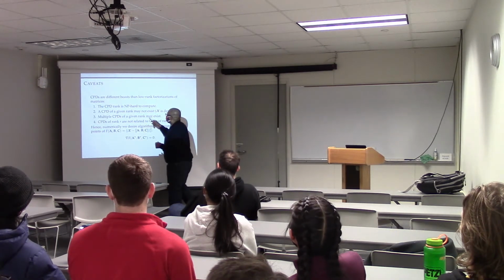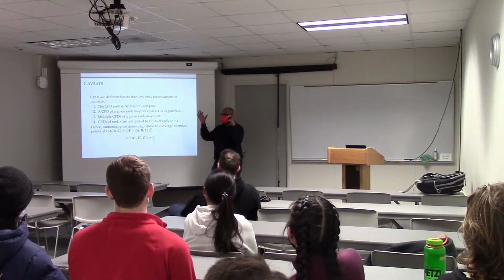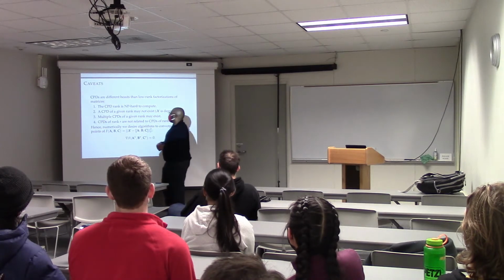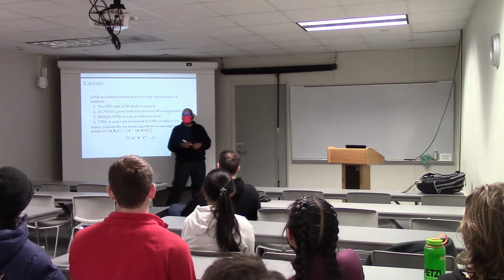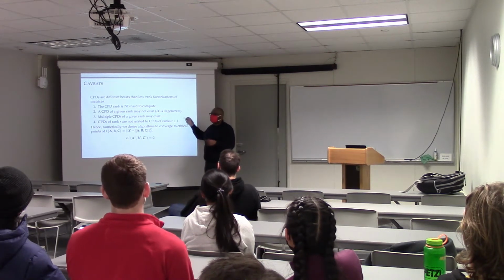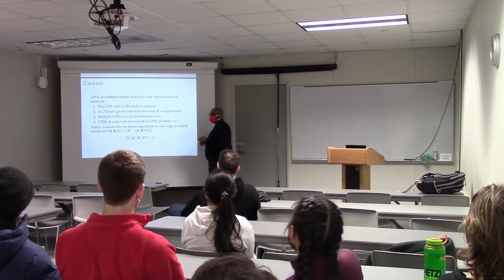And multiple CPDs can exist. Okay? This is a non-convex objective. It can have multiple local minima. And also, CPDs of rank R aren't in any way related to CPDs of rank R plus or minus 1. So that sets our expectations.